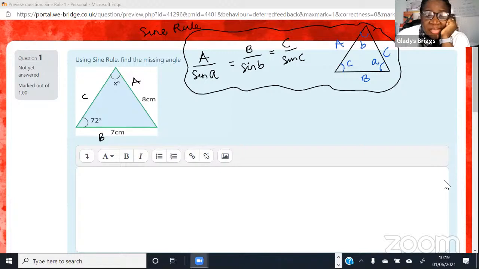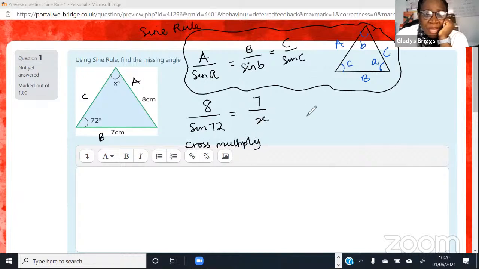Eight over sine 72. Somebody has done it already. It's equal to 7 over x. Now we can cross multiply to get rid of the fractions. When we cross multiply, we have x sine 72, x times sine.